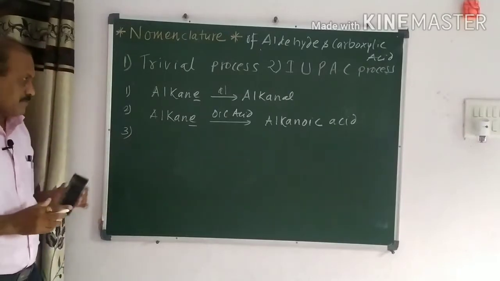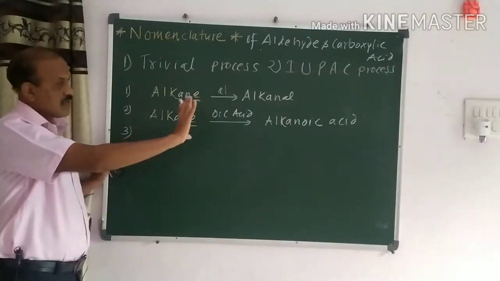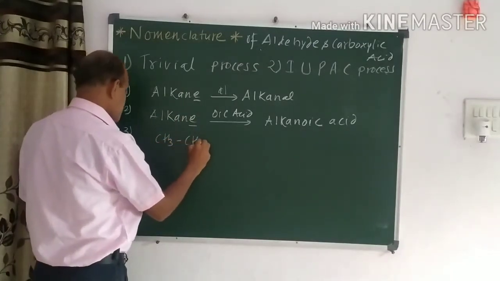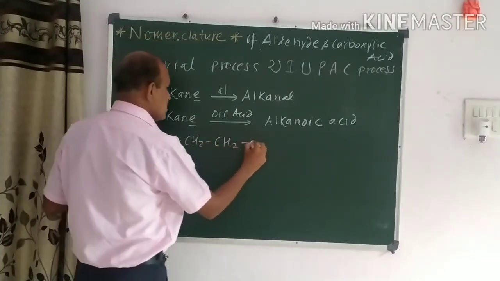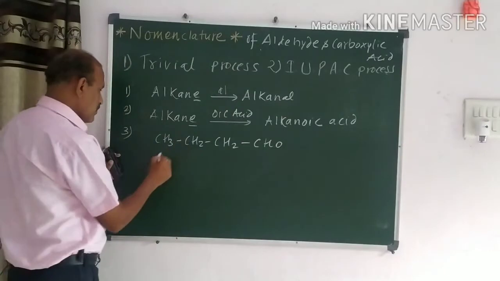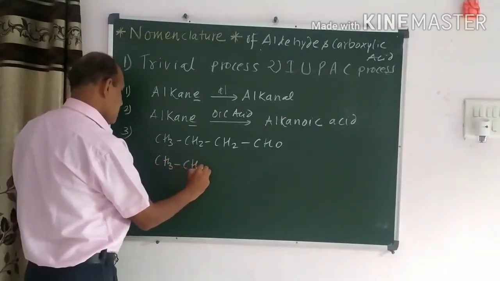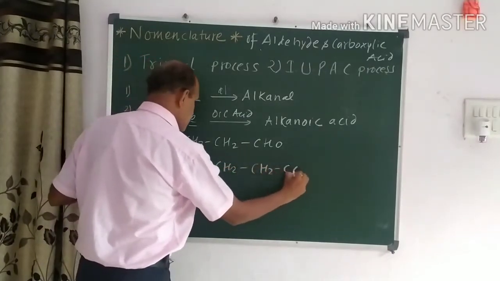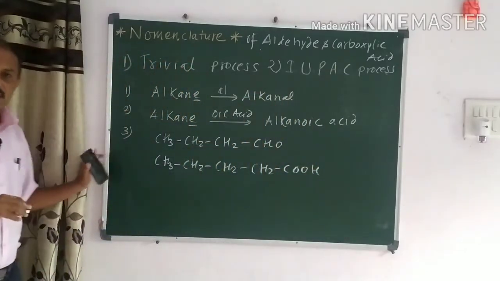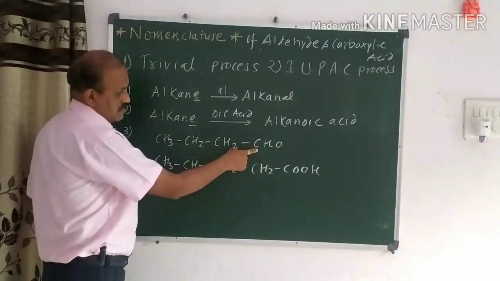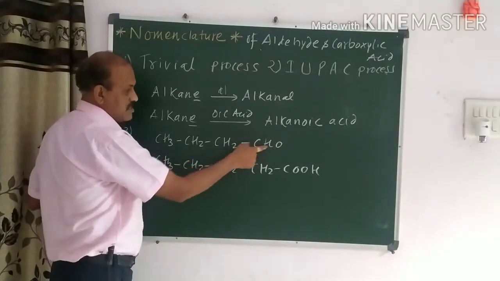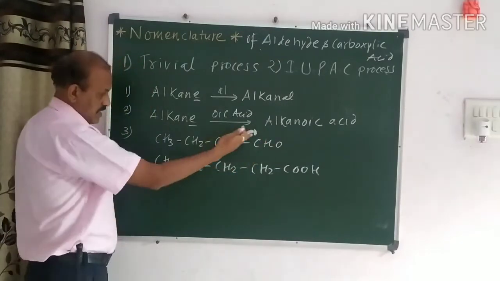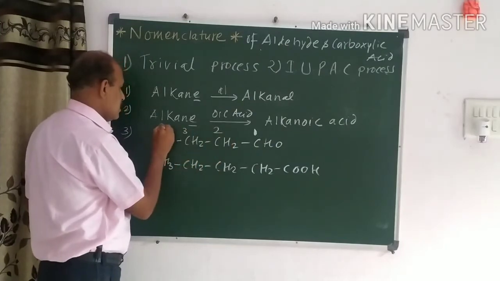The second thing, which is most important: if the aldehyde or ketone or carboxylic acid is in the form of a chain, suppose we write CH3CH2CH2CHO, or CH3CH2CH2CH2COOH, then while numbering, the carbon of the CHO we treat as number 1 carbon, and then we proceed with number 2, number 3 and 4.